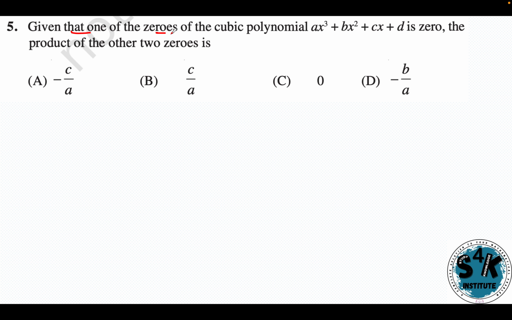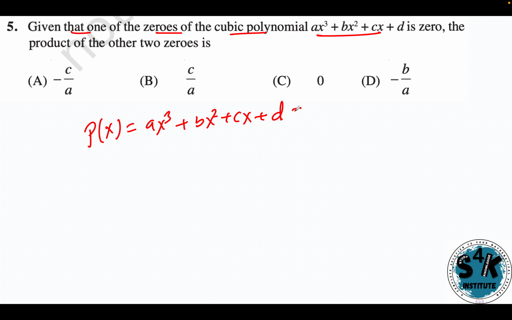Given that one of the zeros of the cubic polynomial is this, let's write the polynomial ax cube plus bx square plus cx plus d. This is the polynomial given to you.